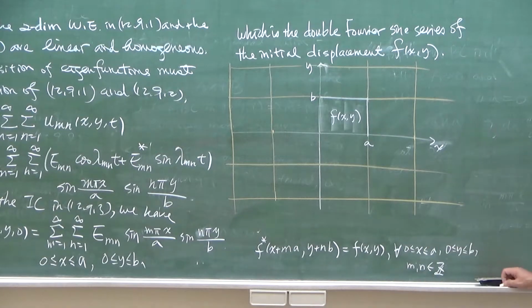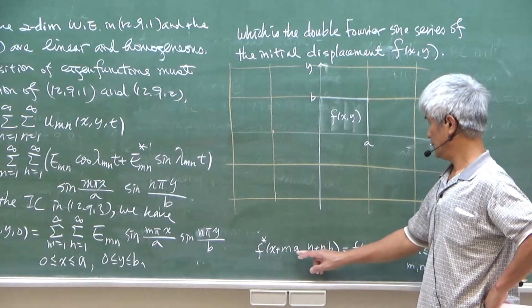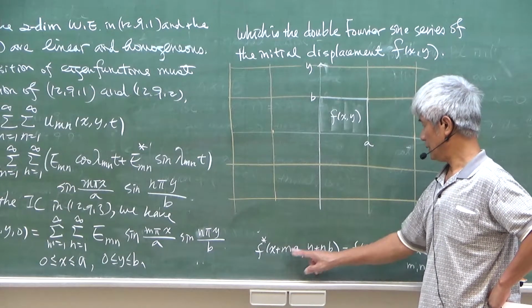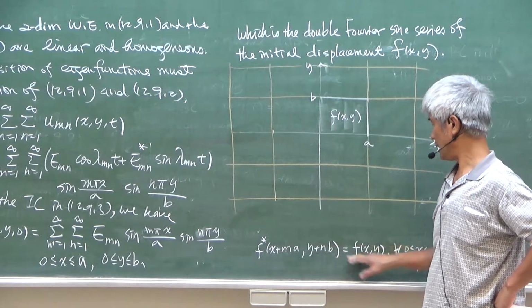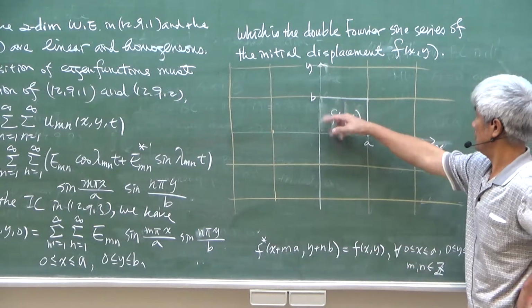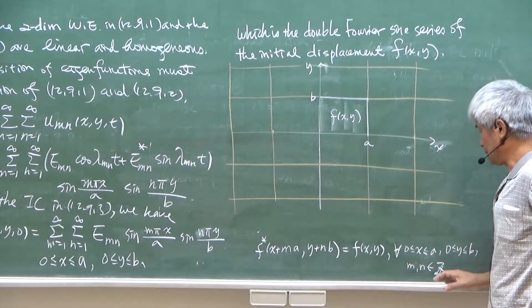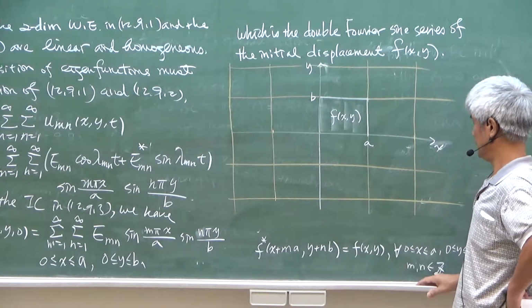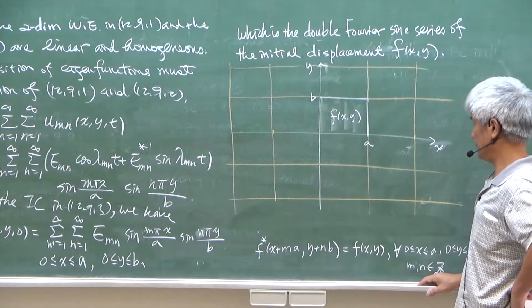In particular, if m and n are equal to 0, they are 0 in this region.